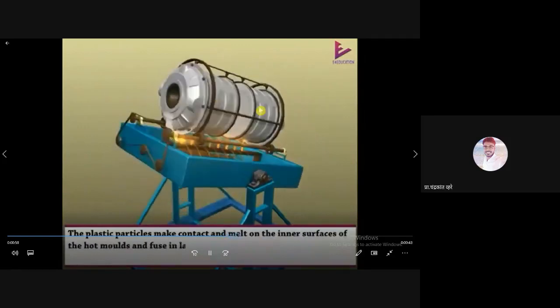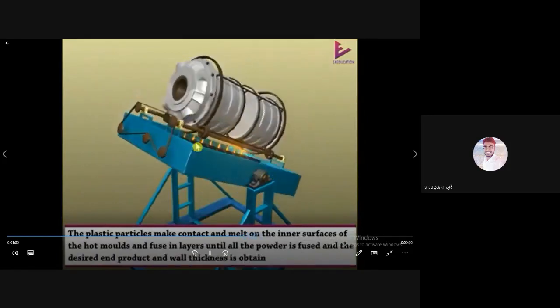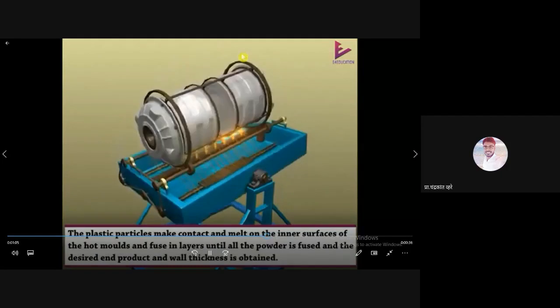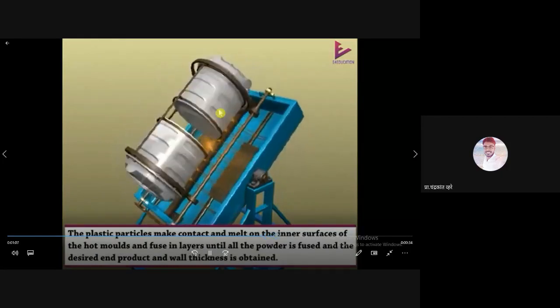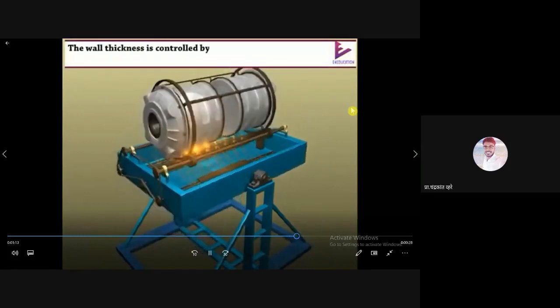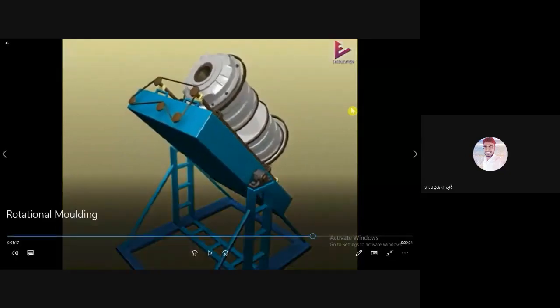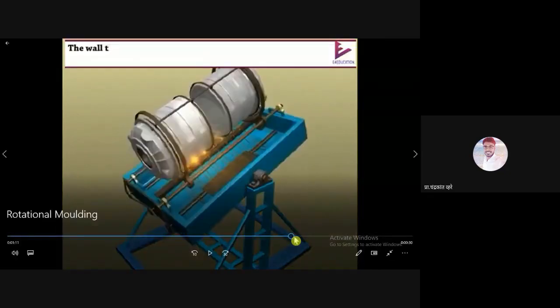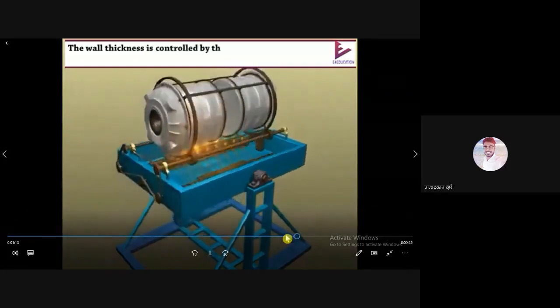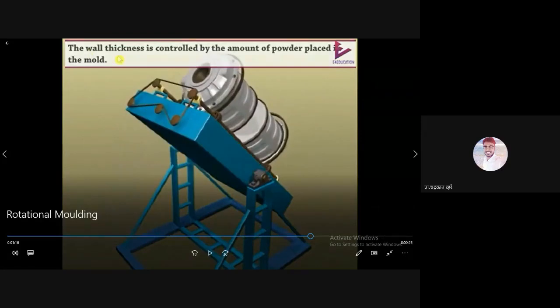As you observe, this is the barrel size. Now we are manufacturing the barrel, and this movement is for proper size, or we can call it thickness purposes. The whole thickness is controlled by the amount of powder placed in the mold.